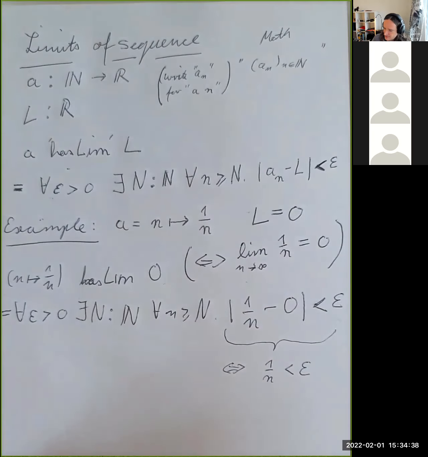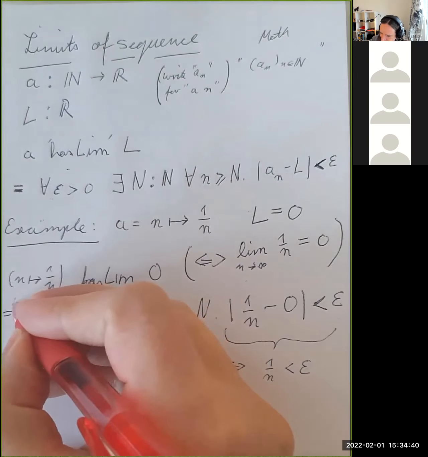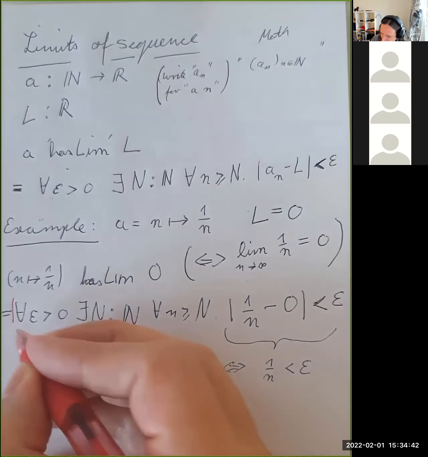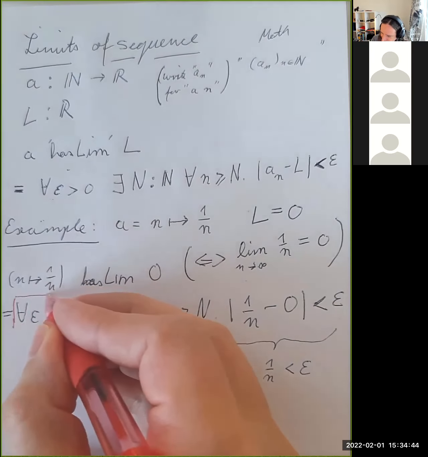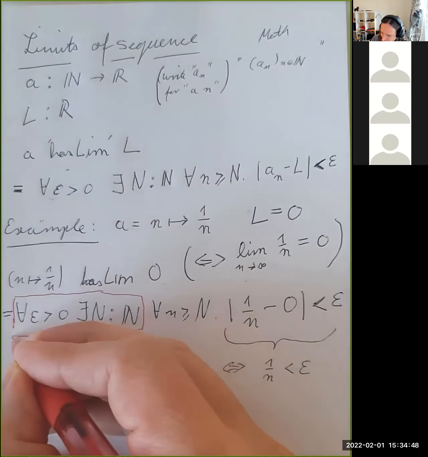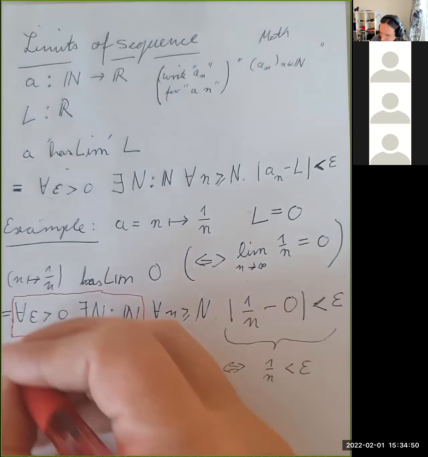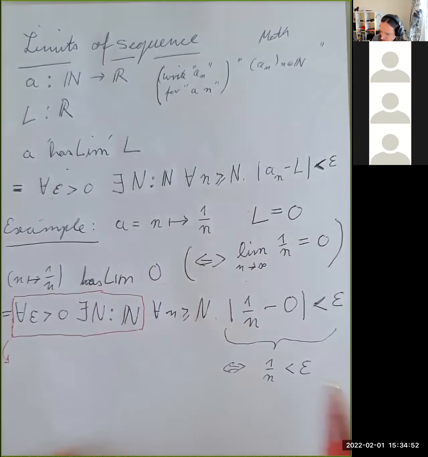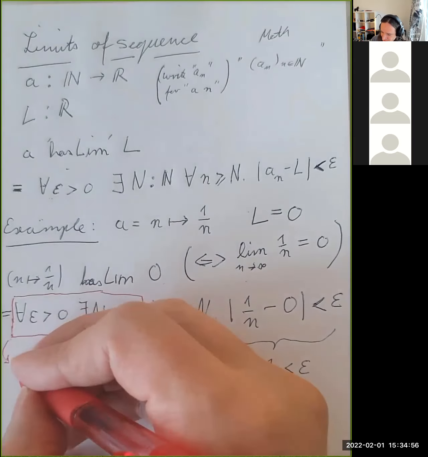I think it's a good strategy here. It's not like every for all exists something proof works like this, but for a concrete example like this, it's kind of always like this.